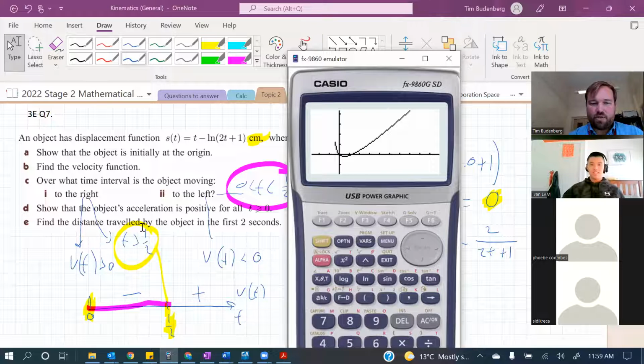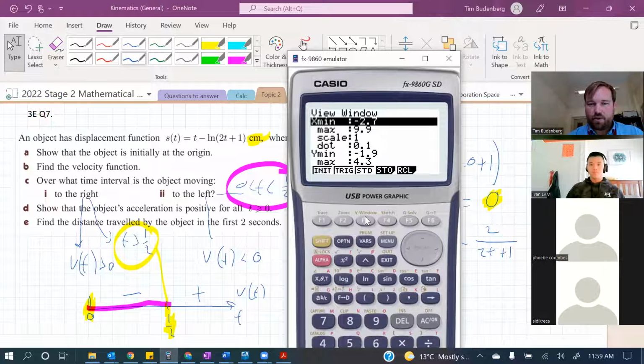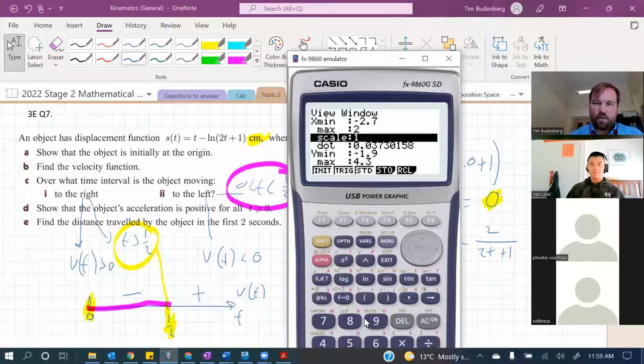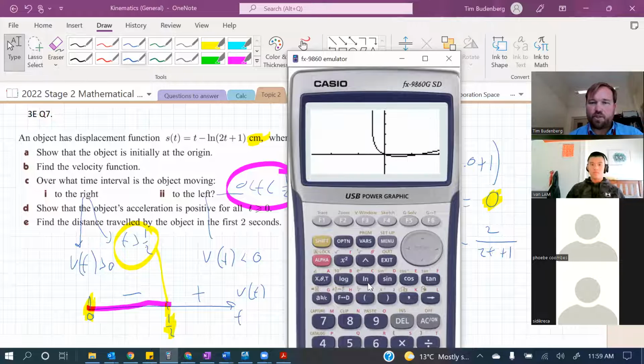All right. So find the distance traveled by the object in the first 2 seconds. If I was going to use technology to solve this, I would, first of all, just limit my x to 2. So I'm really only interested in what happens in the first 2 seconds, so between 0 and 2.